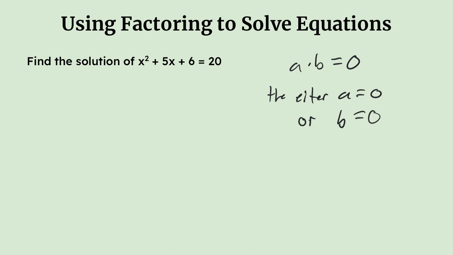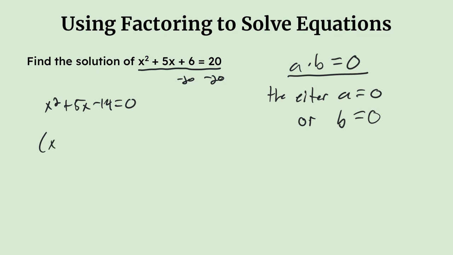So the first thing we need, just like this is equal to 0, we need to make this equal to 0 by subtracting 20 from both sides. We get x squared plus 5x minus 14 equals 0. We factor, we get (x plus 7)(x minus 2) equals 0.